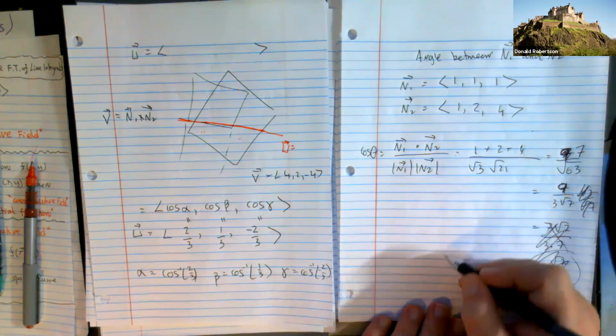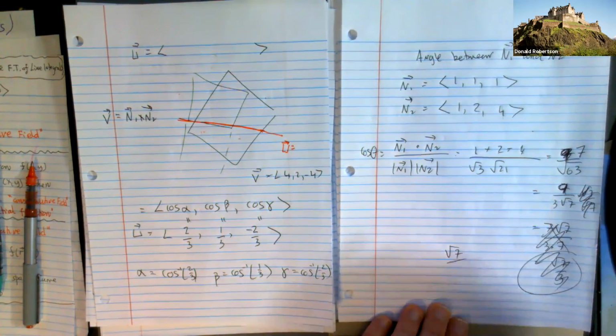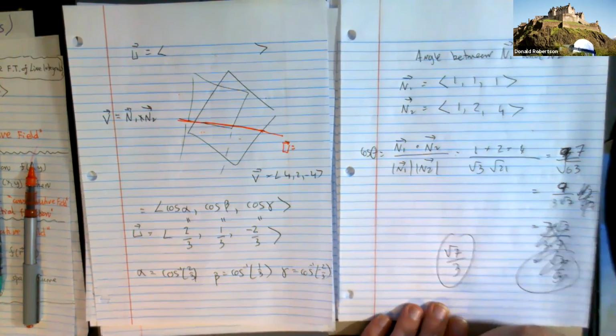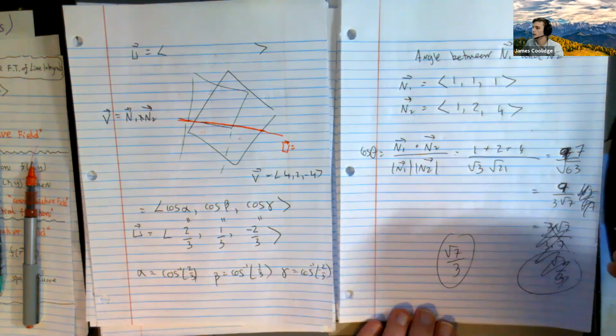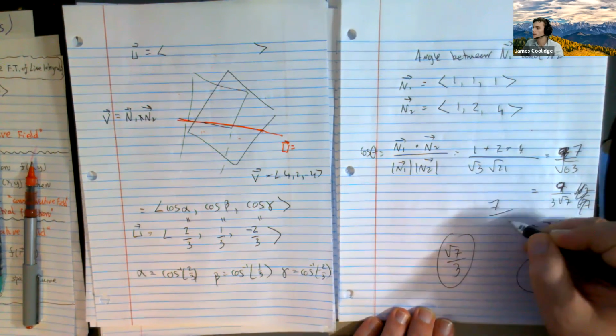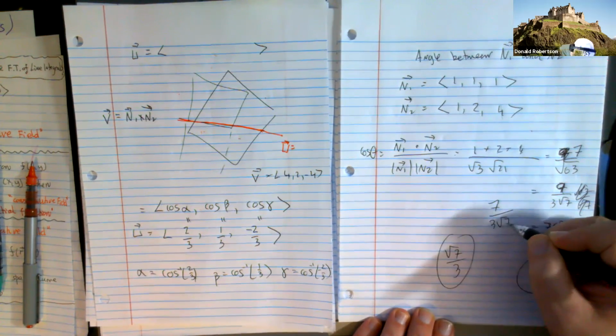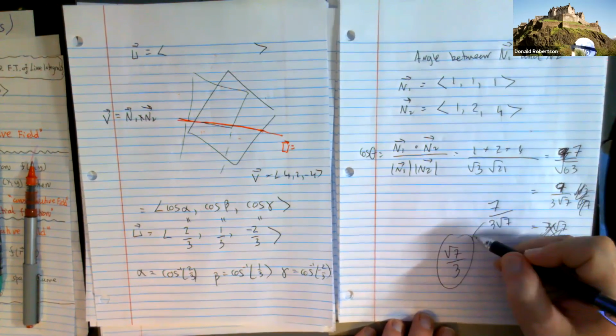My God, I don't even trust myself now. Okay, you got that, and it didn't like it? Well, I wrote inverse cosine of 7 over 3 square root of 7. I didn't rationalize it yet, but that is eventually going to become that, right?